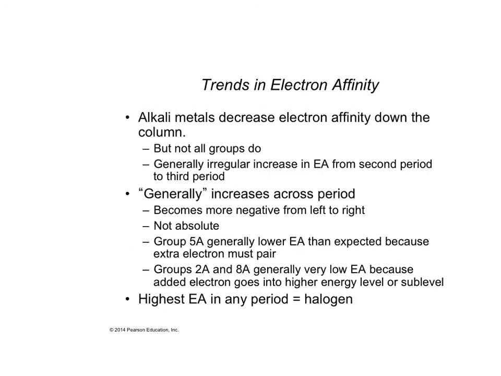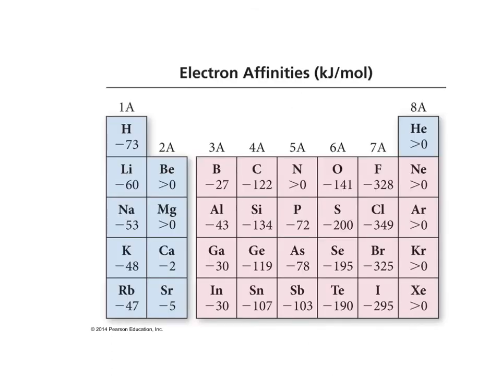So what actual trends do we see with respect to electron affinity? As we move from top to bottom, we see a decrease down a column, and generally we see an increase across the period.